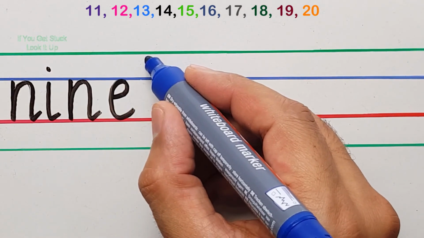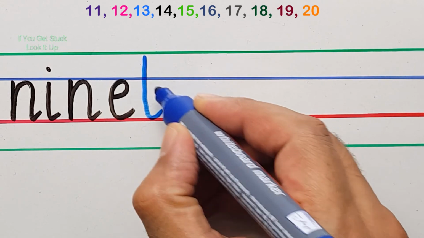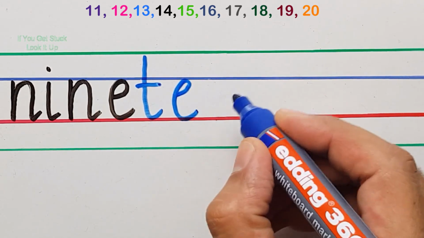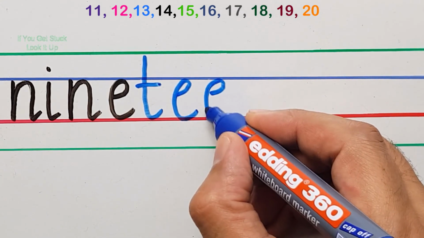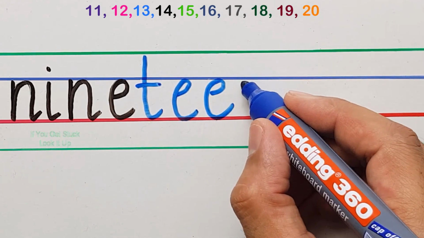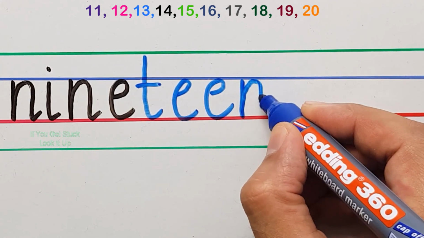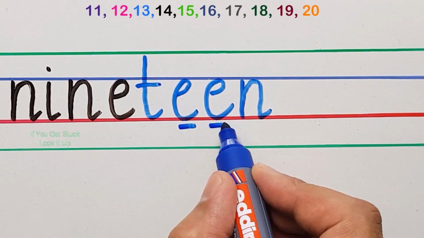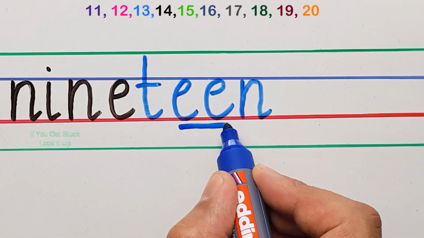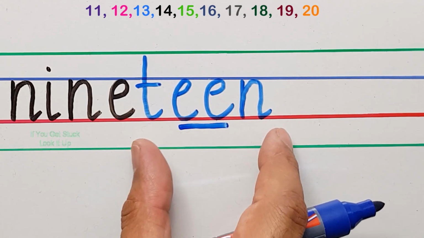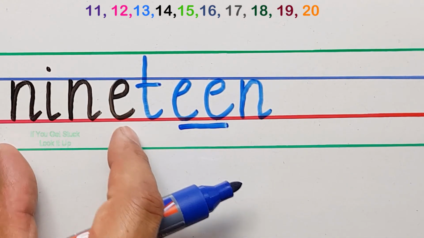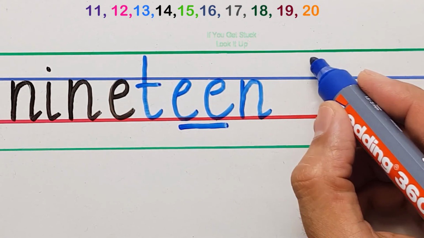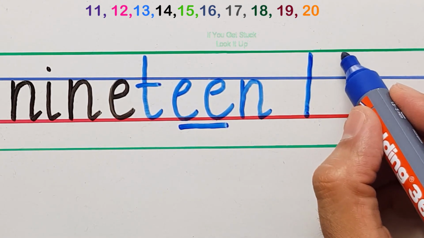Now we need T, E, E again, and then finally N. Again, as before, I'll repeat it. The 2 E's give the long E sound, and you have teen. So this pattern, try to recognize. So it's 9, teen, 19, 1 and 9.